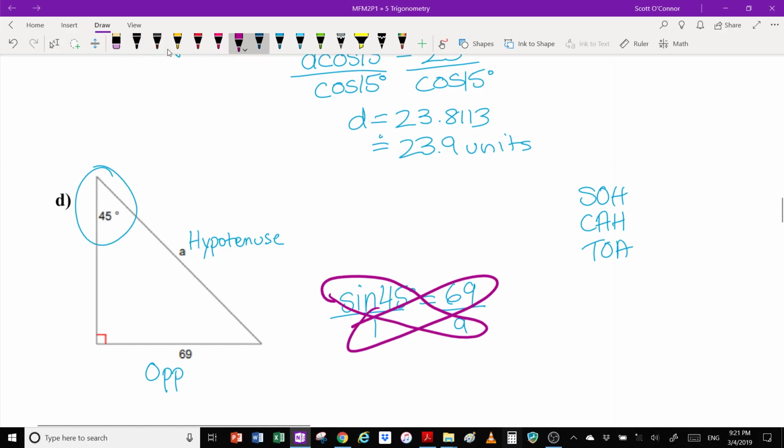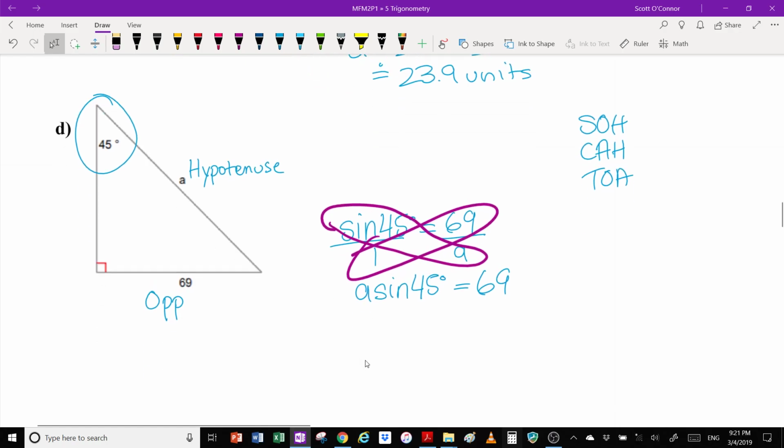and that's going to end up giving me A sin 45 degrees is equal to 69. Now remember, I want A by itself, so I divide both sides by sin 45.